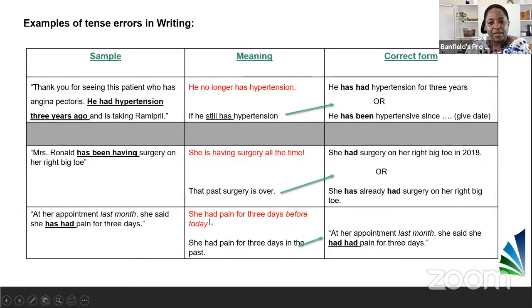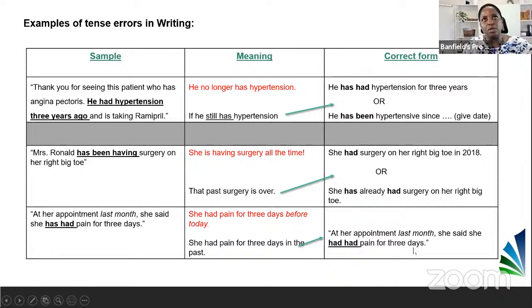So you're saying that she had pain for the 3 days before today. But you're in fact talking about last month. You're talking about a point up until the past. So the correct version is, at her appointment last month, she said she had pain for 3 days.